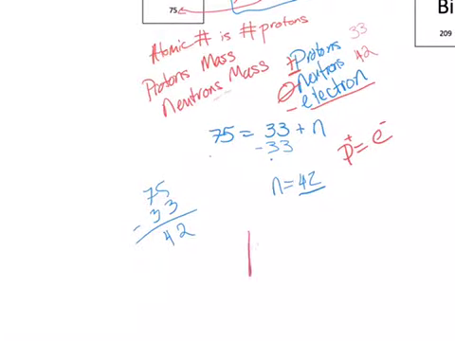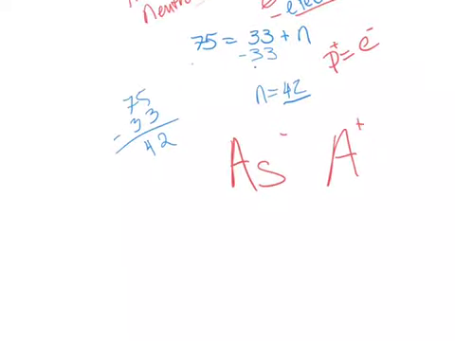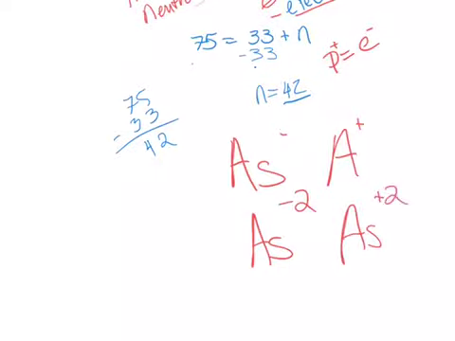If our arsenic had a charge, it would be written as arsenic minus or arsenic plus, and you may see different numbers there, like arsenic minus 2 or arsenic plus 2.